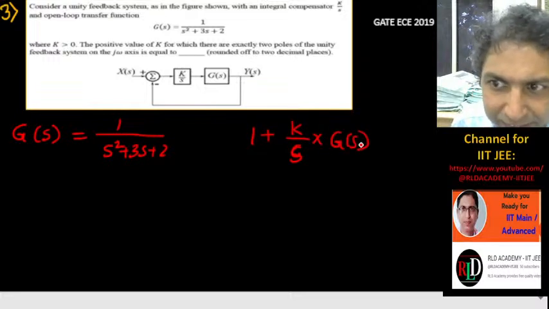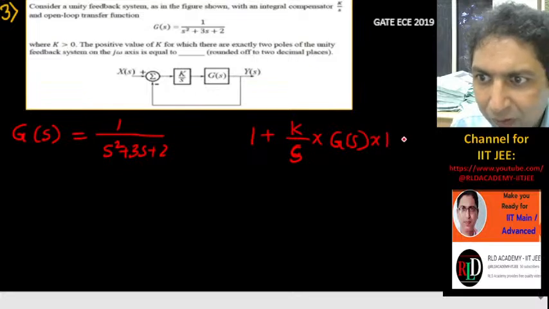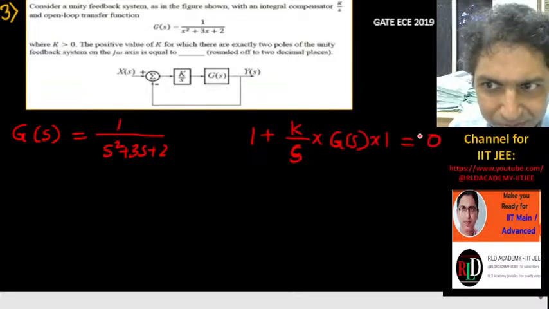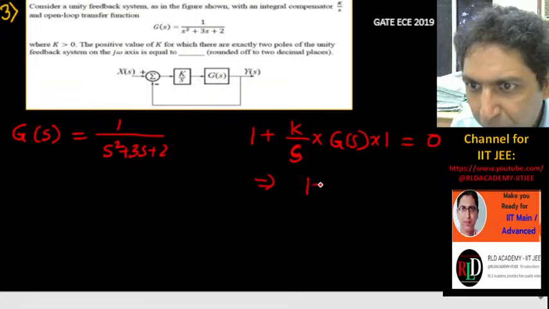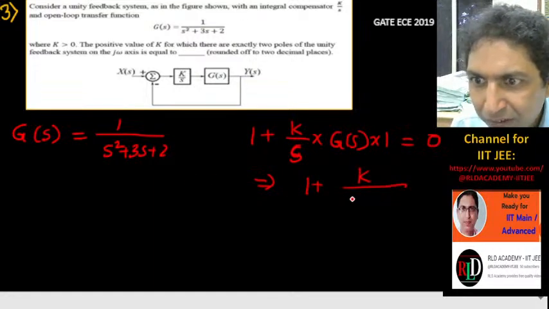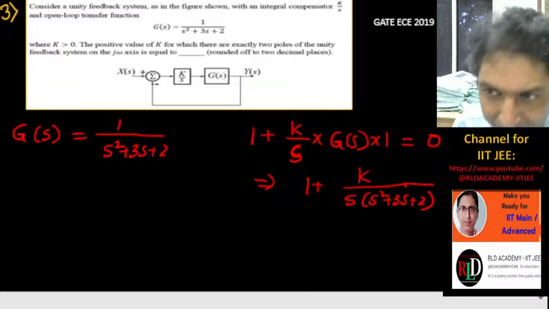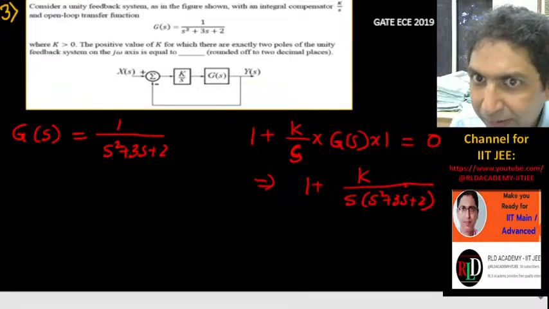There is no H(s), H(s) is 1, so that equals 0. This gives 1 plus k upon s into s square plus 3s plus 2, equals 0.